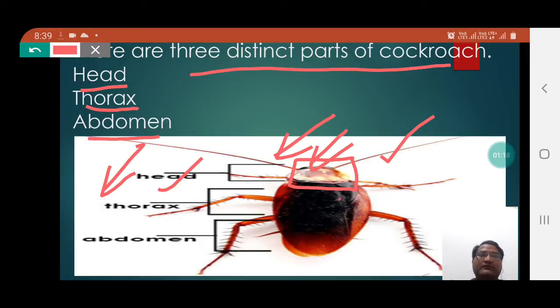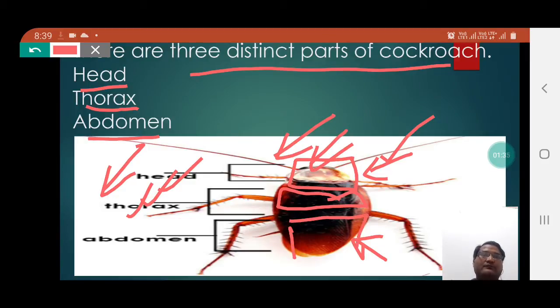The part of the cockroach which connects the head and the bottommost elongated part is the thorax, which you can see here. And the bottommost, elongated part is the abdomen, which you can see in this diagram.